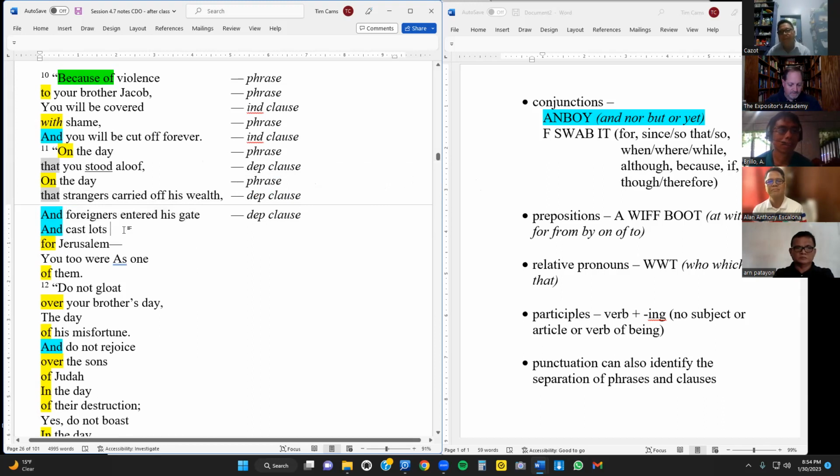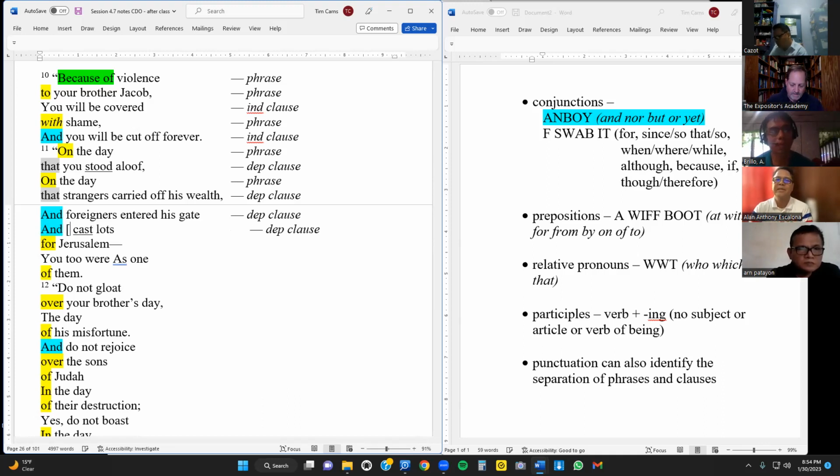How about the next one? And cast lots. Dependent clause, sir. Okay, now how do you know it's a clause? There is a verb, sir, cast. Okay, where's the subject though? Because there is an and connected with the above dependent clause.